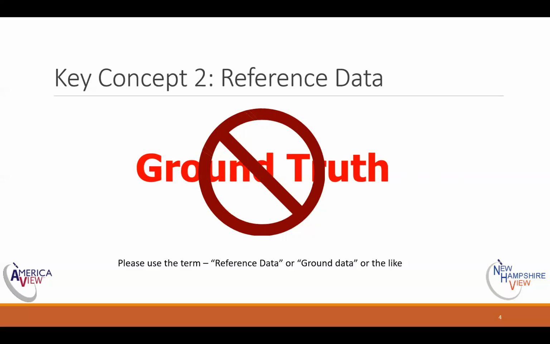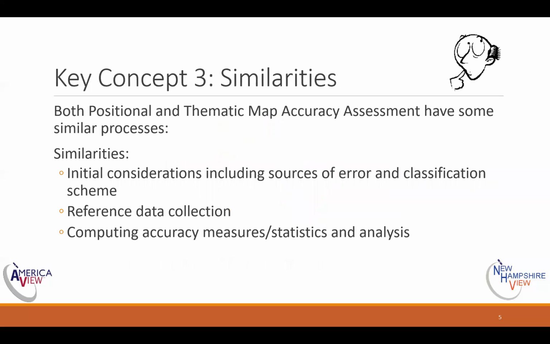Use something else: reference data, ground data, field data. We assume that the reference data is more accurate than the map that we're assessing, and I understand why people thought to use the term truth, but it's just not an appropriate term to use. So I hope you can help me out with that.